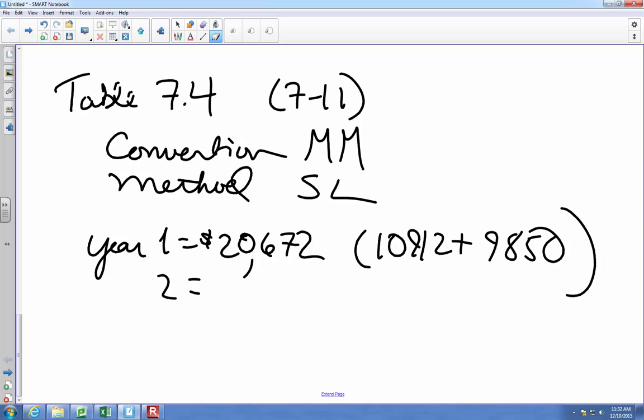So that's 20,672. 20,000. Oh, 762. They transposed the numbers in the key. Huh, funny. And then in year two, I did the math and I got 47,268.